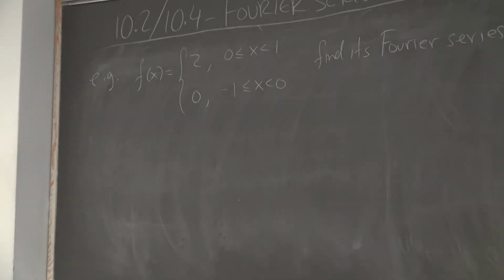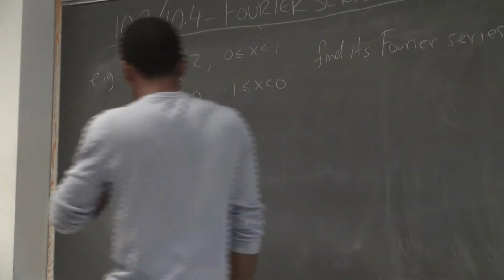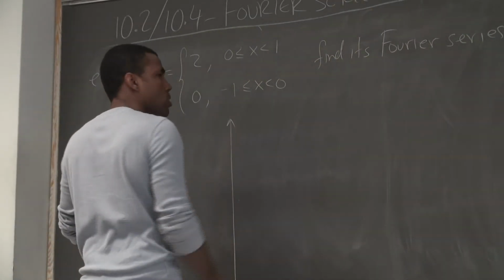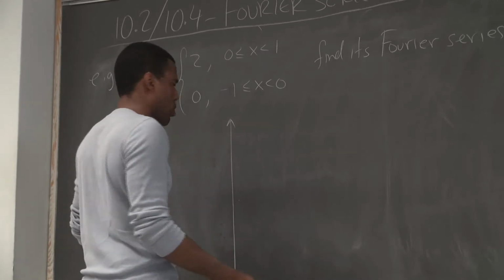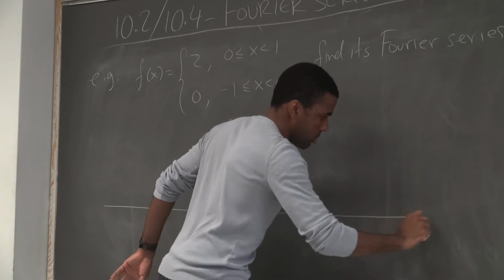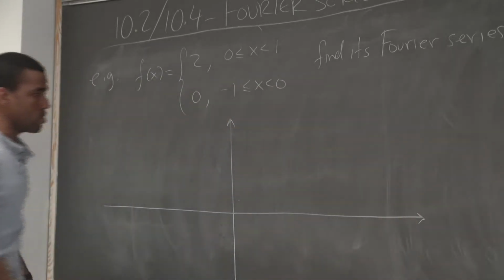So here I gave you a function. They don't usually ask you to draw it. In the older finals, they did ask you to draw it, but I don't recall if in this round they did. You don't need to draw it.